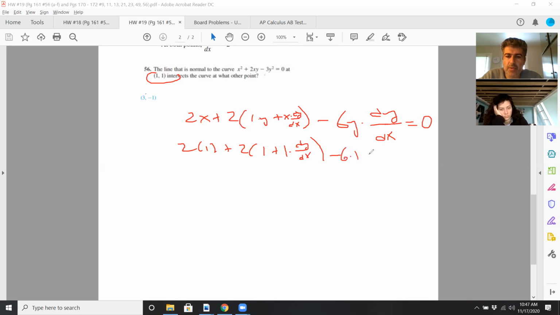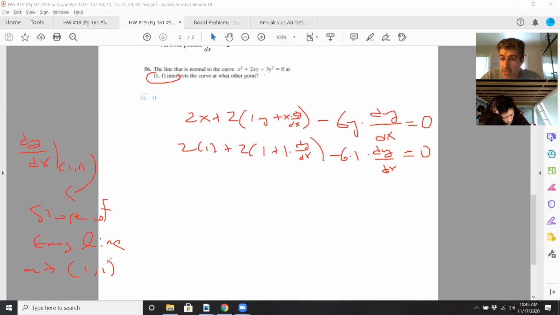So that's something you could do. Instead of isolating dy over dx algebraically, we just need to get the slope, right? Because remember, the derivative is the slope of the tangent line. And then we get the slope, remember, dy over dx at 1, 1 will be the slope of the tangent line at 1, 1. Then we'll do a negative reciprocal for the normal line.